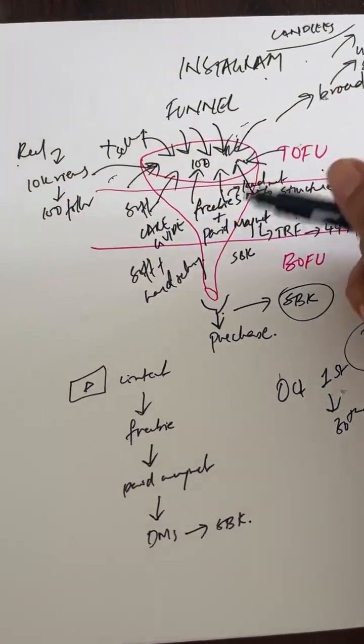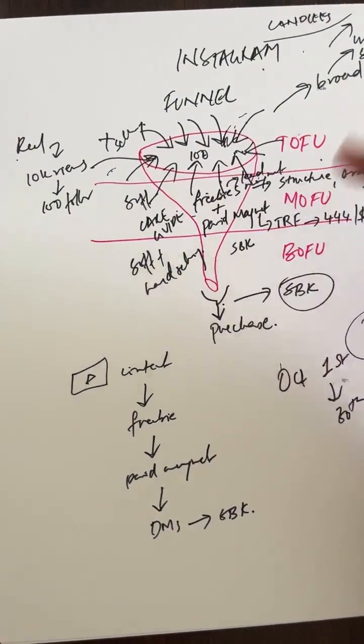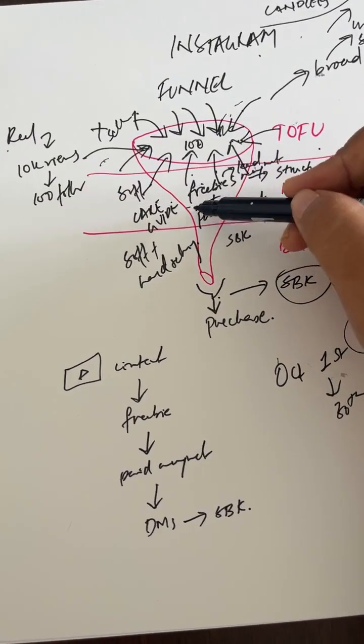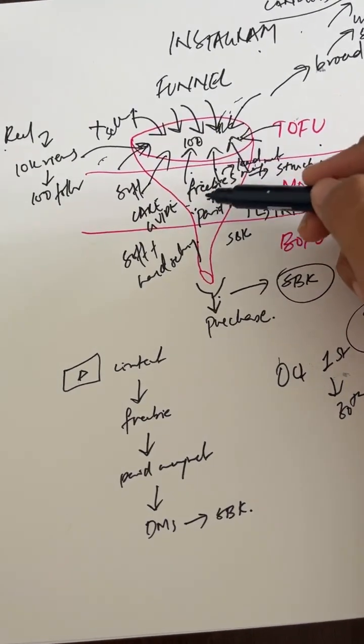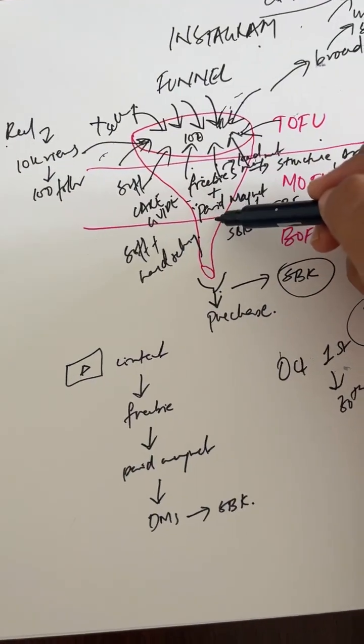So a care guide on taking care of the candles can be your freebie, and this will be taken only by people who are actually interested in this sort of thing, right? So you're bringing them down the funnel.